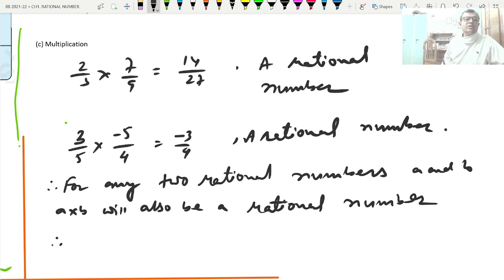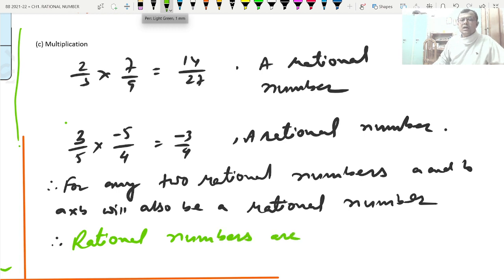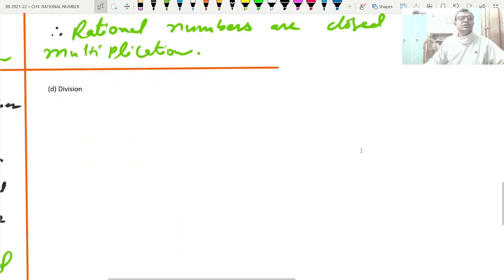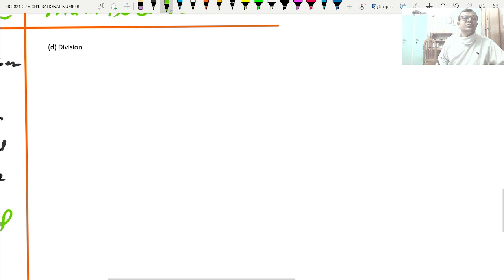So, therefore, rational numbers are closed under multiplication. You understood the closure property? Now let us see for division.